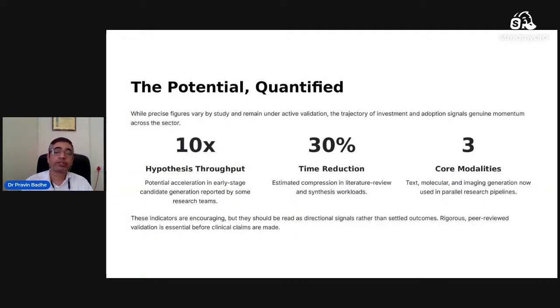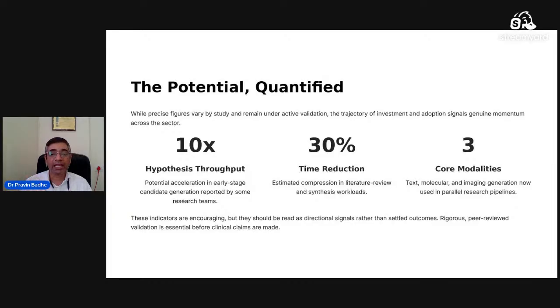So we can see the potential of generative AI in hypothesis development, which can be done much faster. There is an acceleration at the early stage of drug discovery, where candidates are generated and the team can go for hypothesis development.